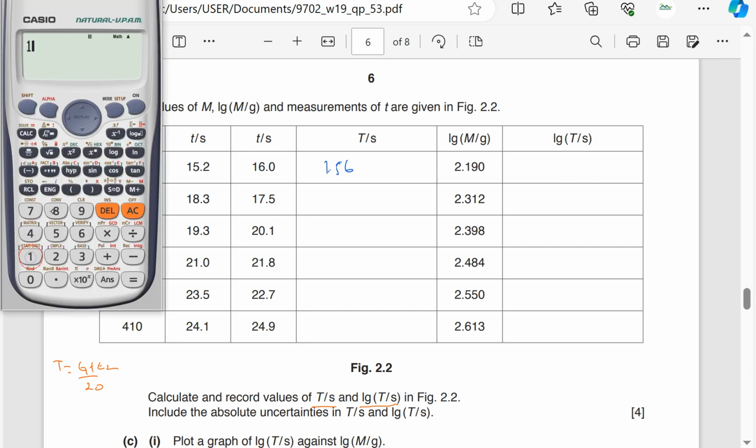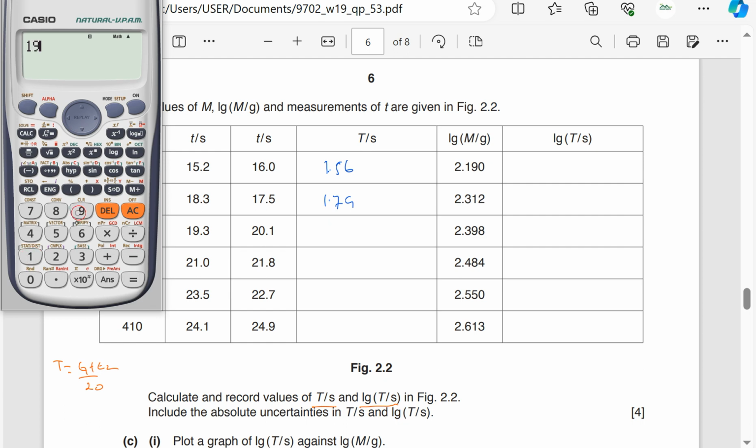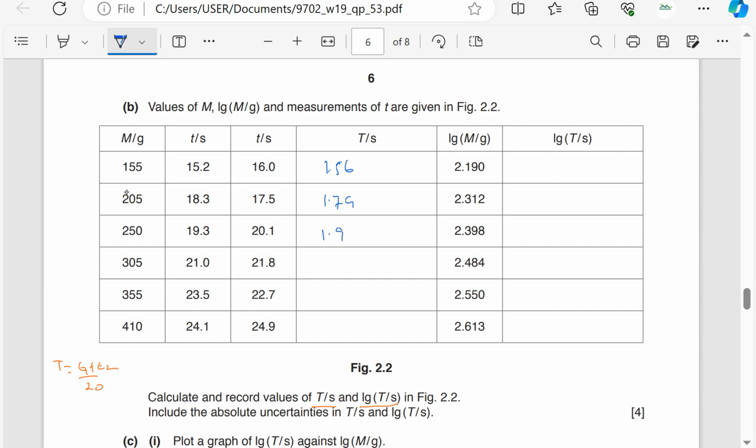Then 18.3 plus 17.5 divided by 20. So that is 1.79. 19.3 plus 20.1 divided by 20. So this is giving me 1.97.